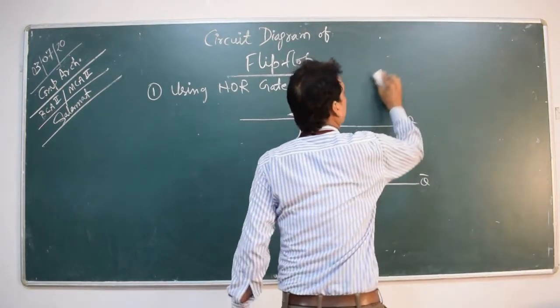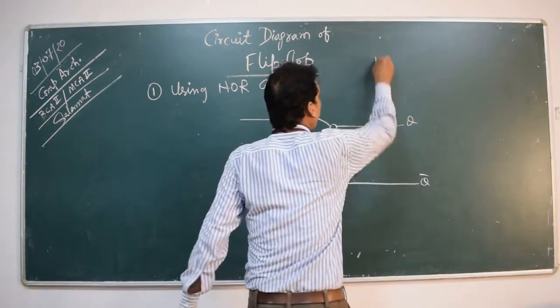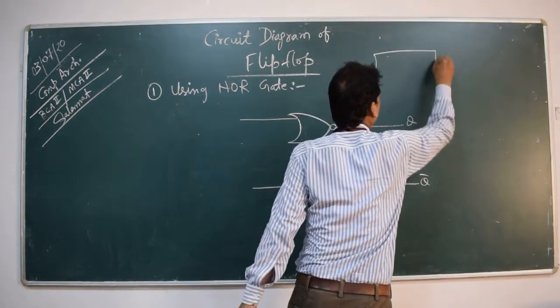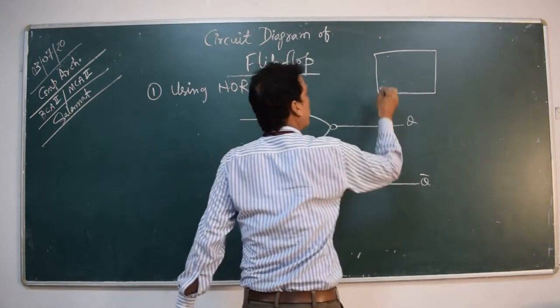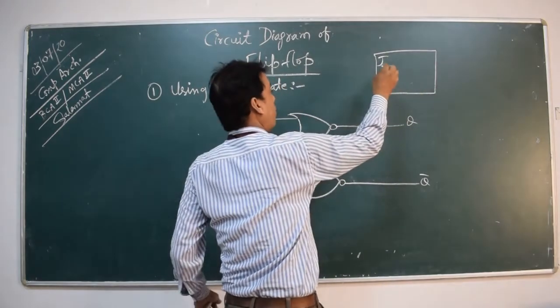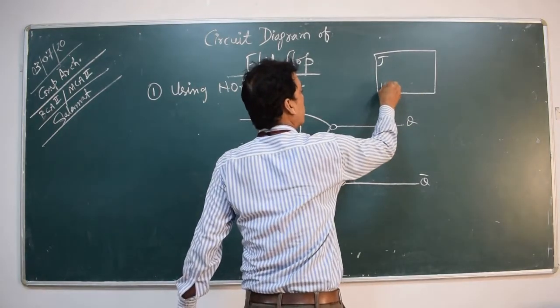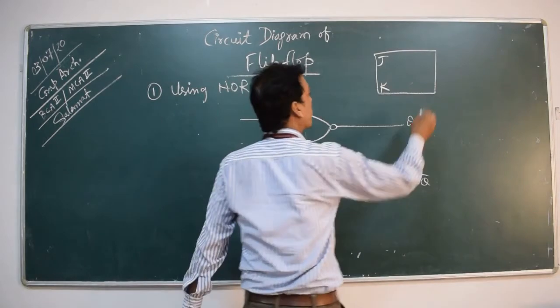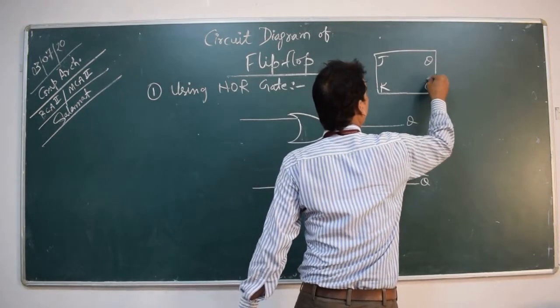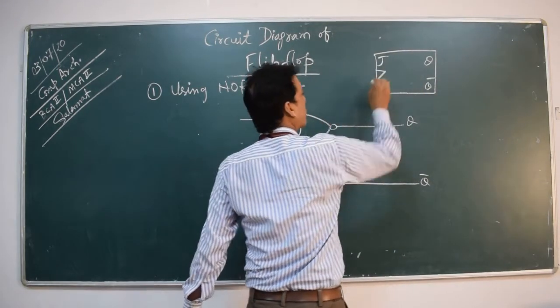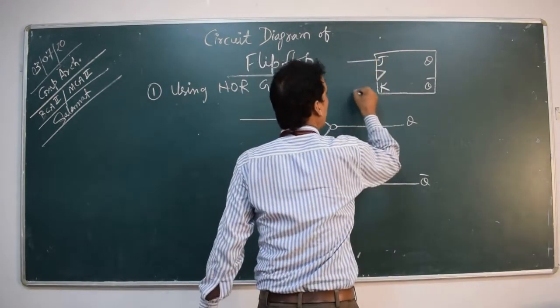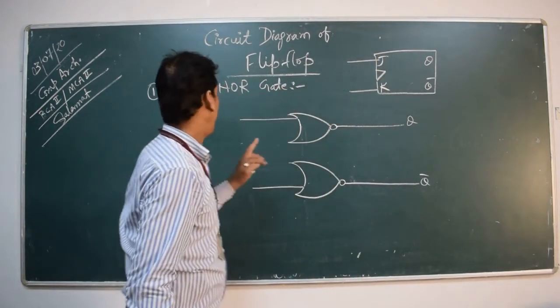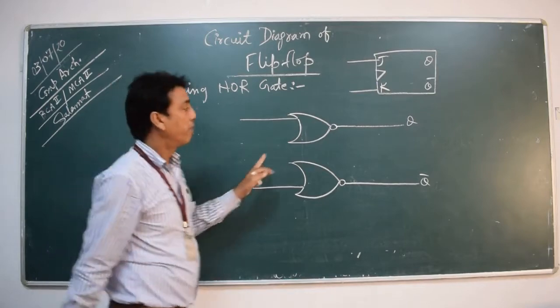Let me make it a bit large so that it will be visible to you very clearly. J, K, Q and Q bar, and this is the gate. So we have 2 input lines, J and K. We have 2 output lines.